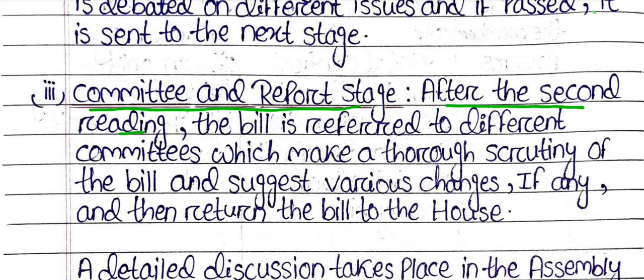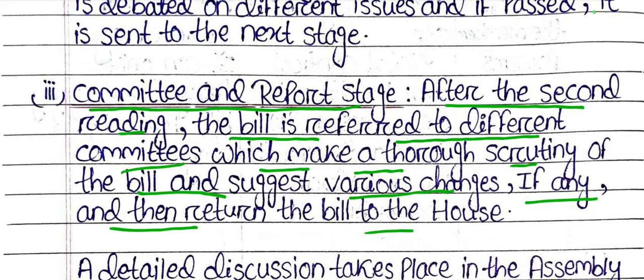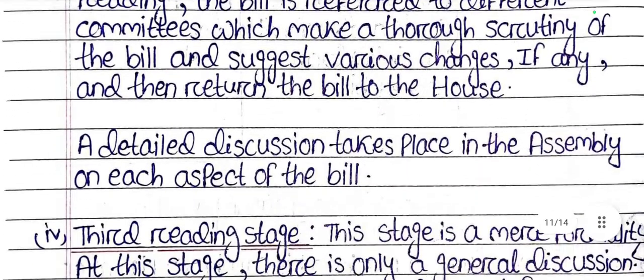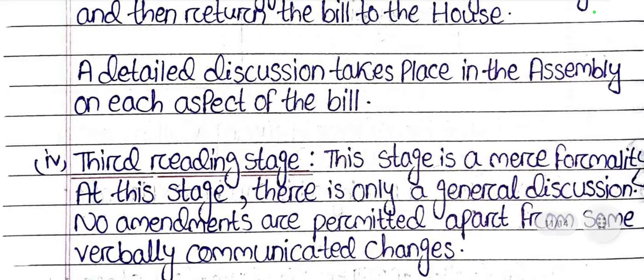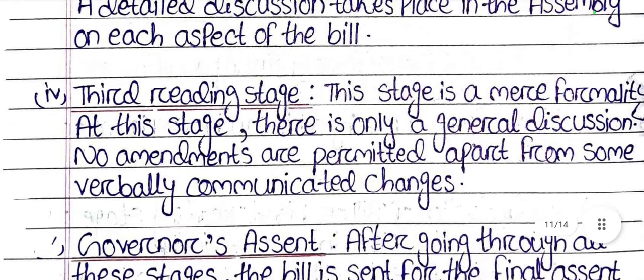After the second reading, the bill is referred to different committees which make a thorough scrutiny of the bill and suggest various changes if any and then return the bill to the House. Then a detailed discussion takes place in the assembly on each aspect of the bill.